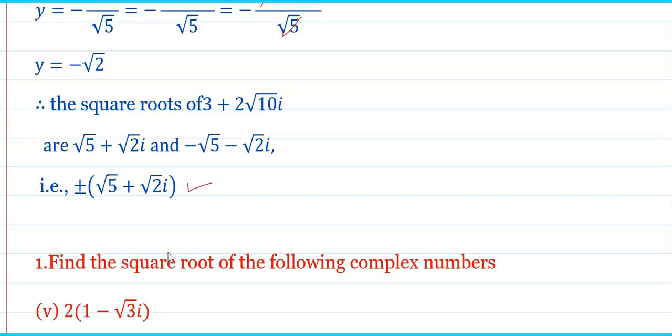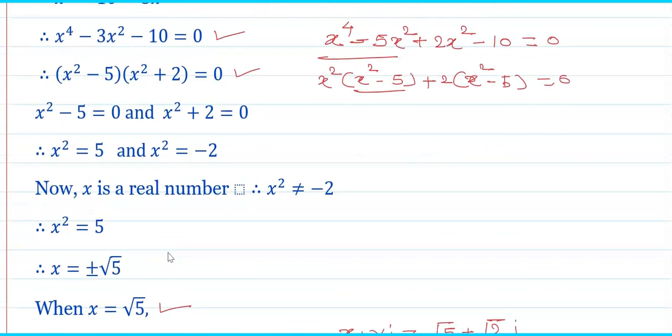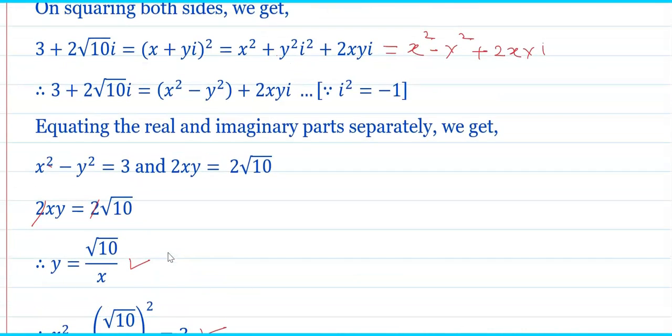Therefore, plus or minus in bracket root 5 plus root 2i. These are the roots.